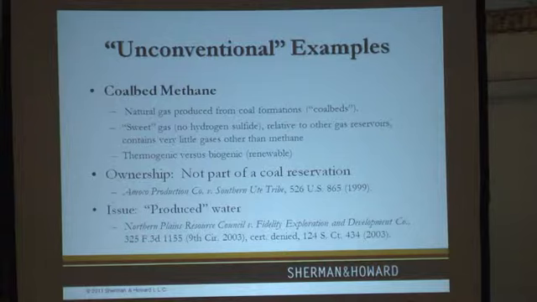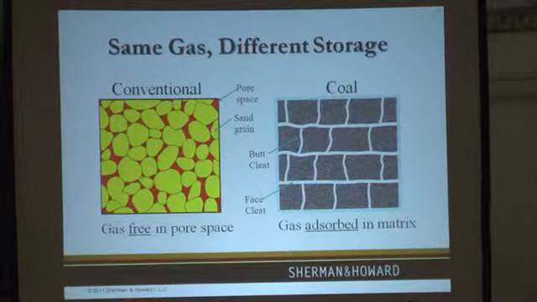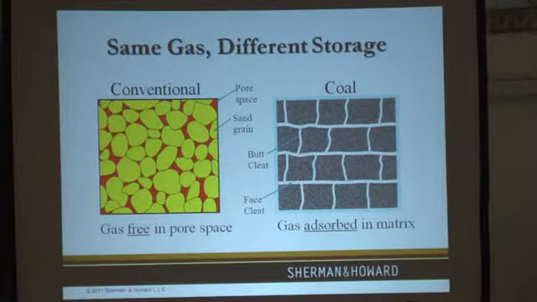And the big issue with coal bed methane is what to do with the water that comes out of the well. That's been the most controversial issue. This is just an example of what's happening underground. And on the left is the conventional reservoir where the yellow is usually like sand, or it could be any other type of geological formation, but that's a common formation.